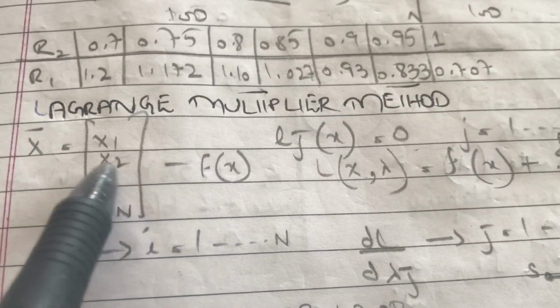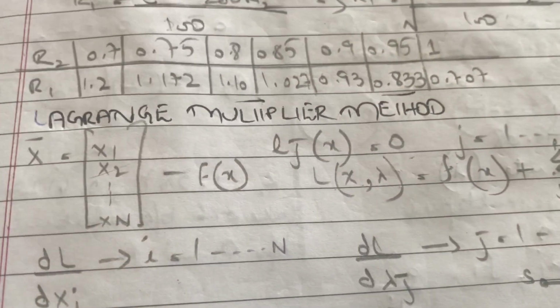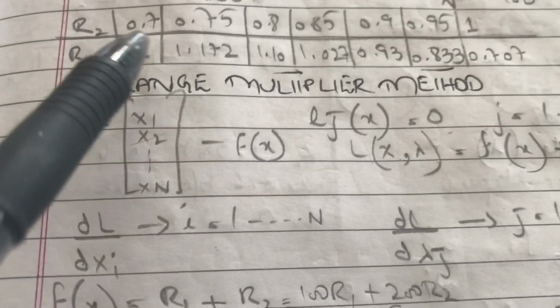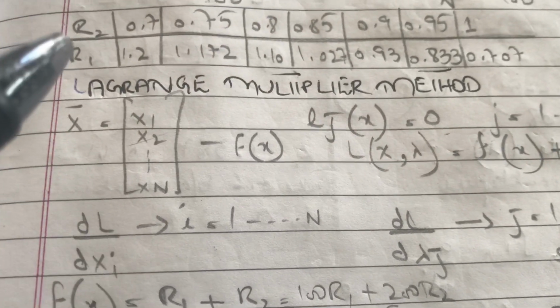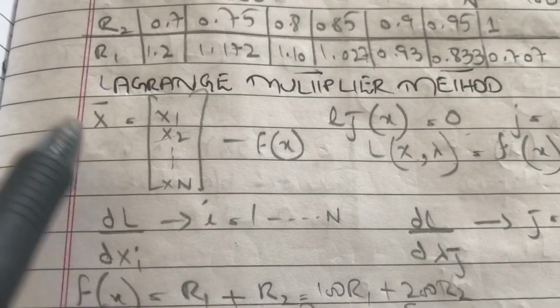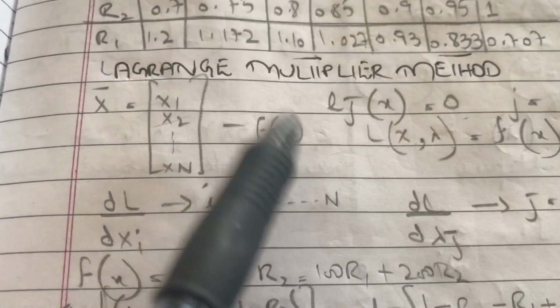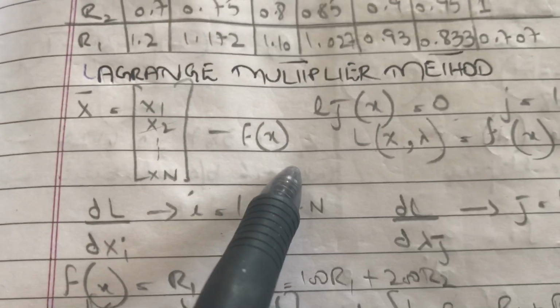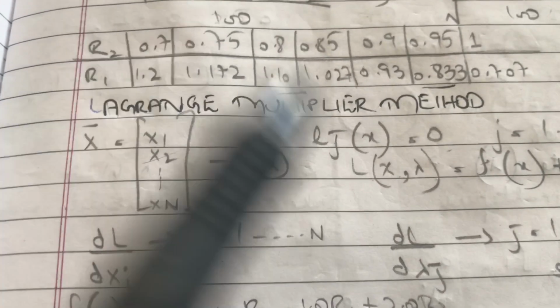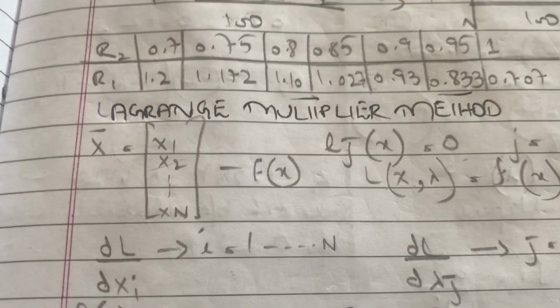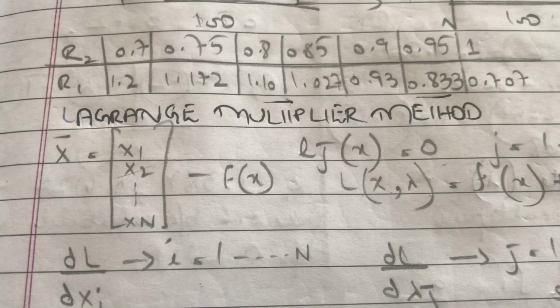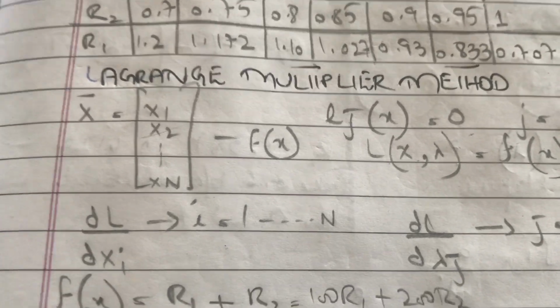how we are going to apply this Lagrange multiplier, and how we find it, and the f minimum and the reliabilities r1 and r2 of our RBDs, which can be in the form of parallel or in the form of series.